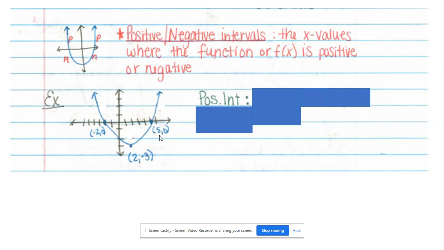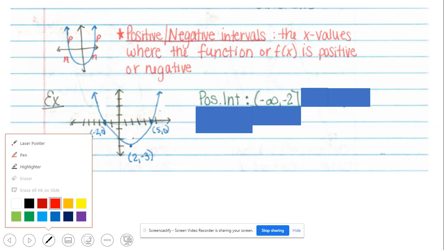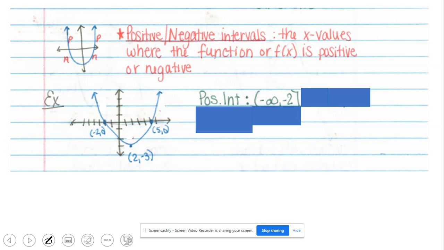So let's talk about your positive intervals first. On the left-hand side, there's an arrow, so it's coming from -infinity, and it's going to stop being positive at -2. So you might want to label that with a P. So it's positive right here in this section.